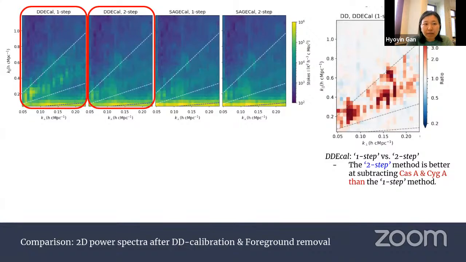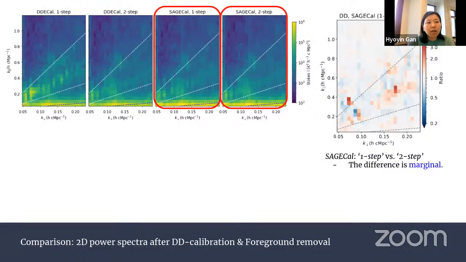So here what we see is that the main difference between the one-step and two-step method is around the 20-degree and 90-degree region. So it means that when Cassiopeia A and Cygnus A are subtracted in a separate step with DD-Cal, it shows better performance. So this is what we learned.